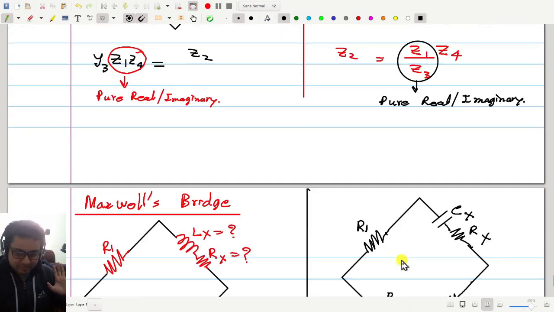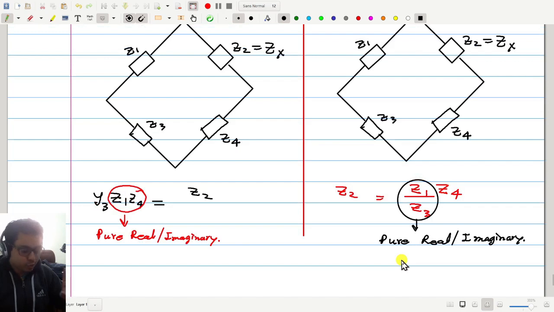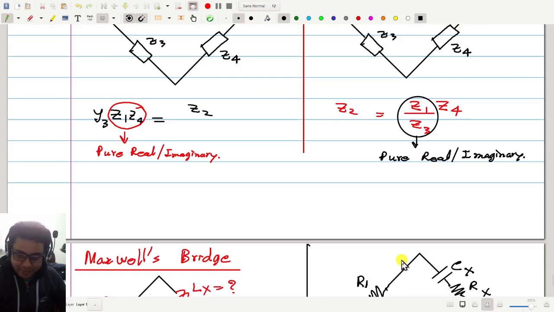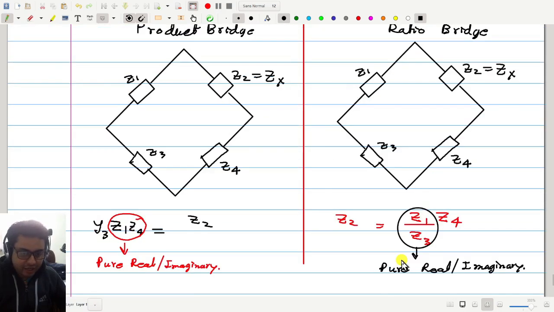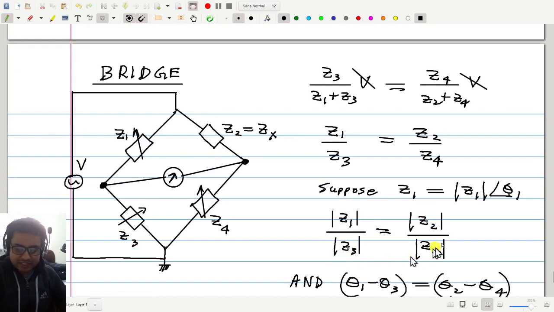That's all. Okay, in fact, this chapter to me is the least interesting chapter in this course, these bridges. Maybe you can say this is the most uninteresting chapter. Fundamentally, this is the only science behind all these things we are going to do. Nothing more than that is involved.